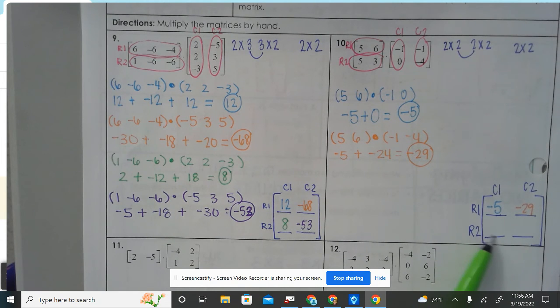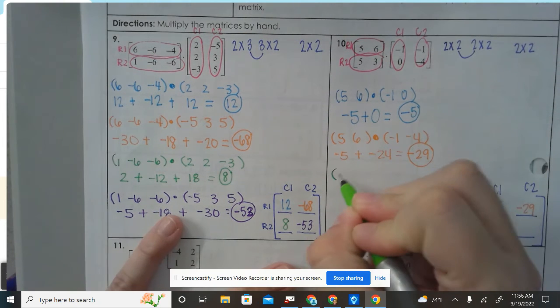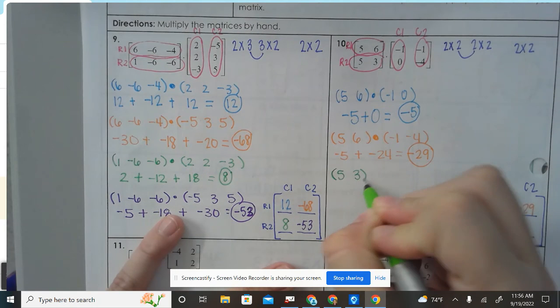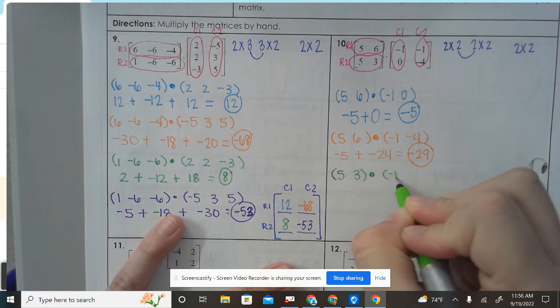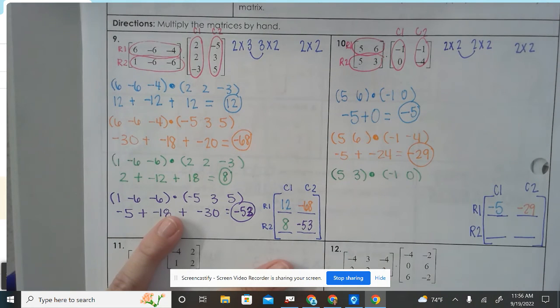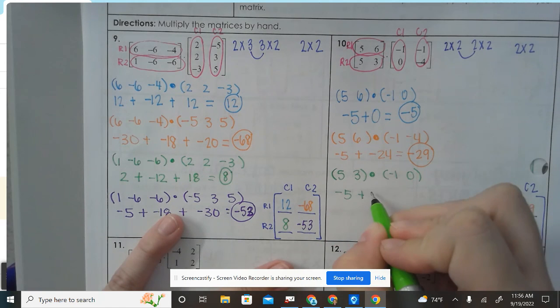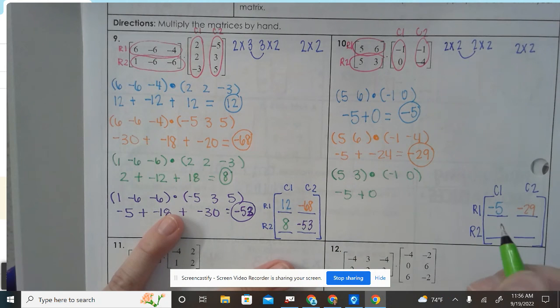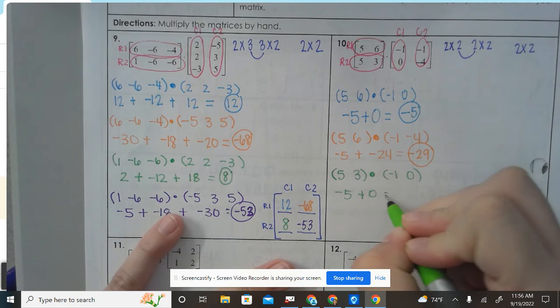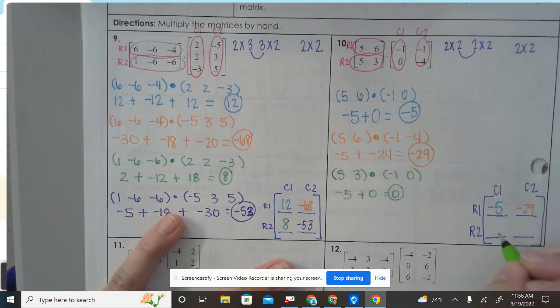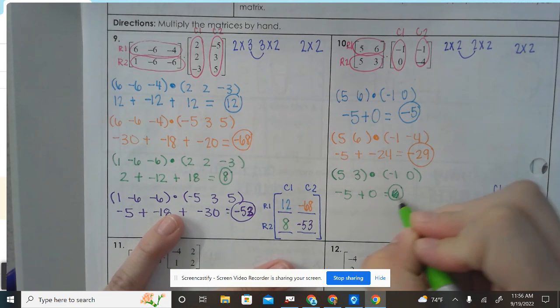Then I'm going to do row 2, column 1. We have negative 5 plus 0.